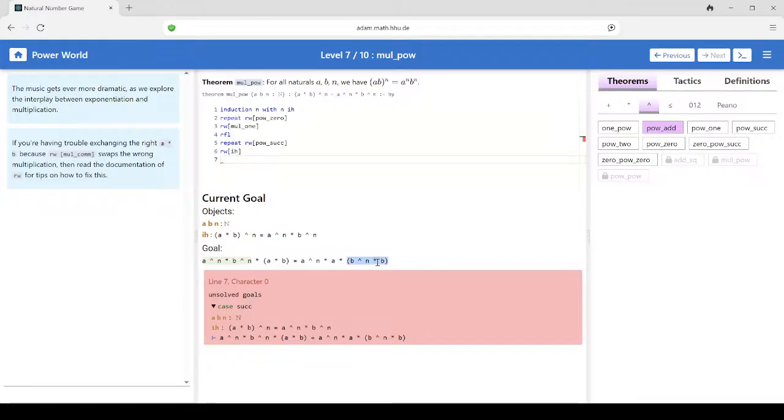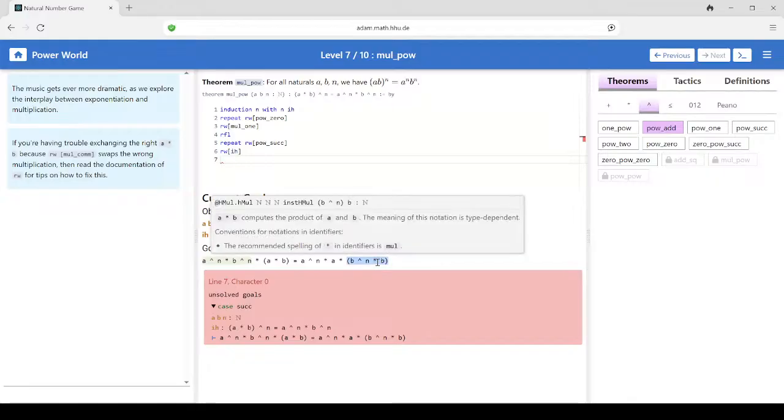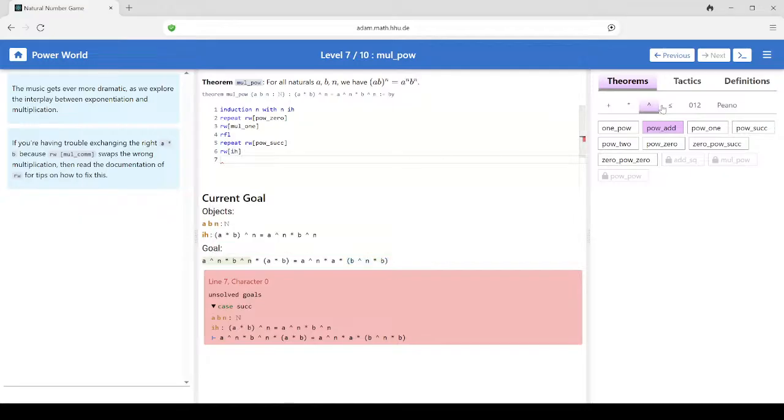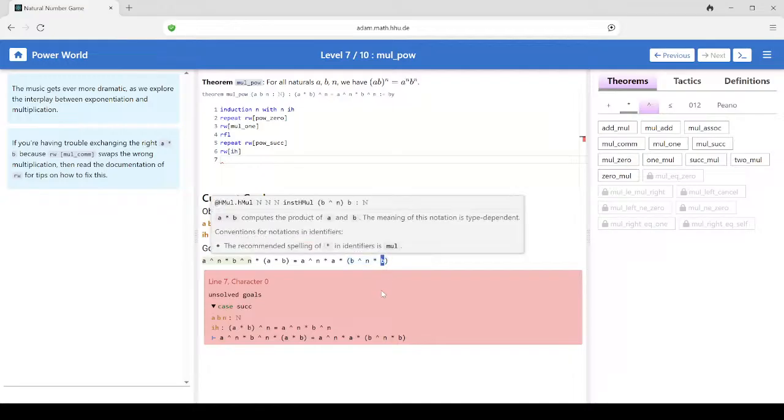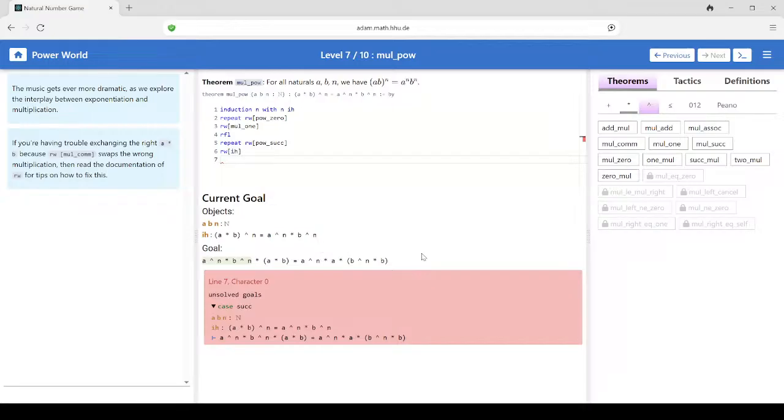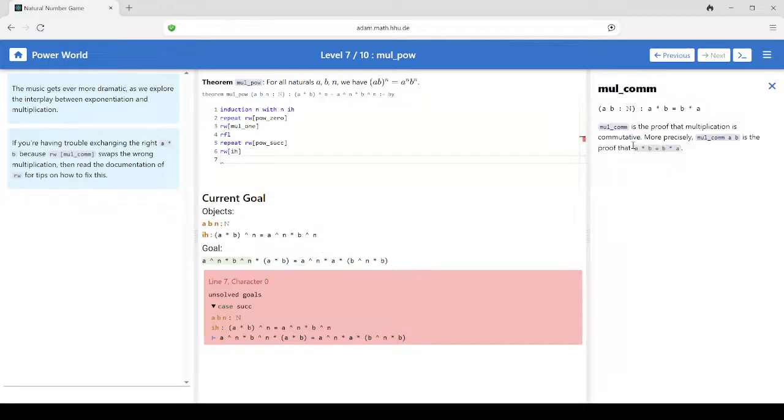The associative property of multiplication. Can I say I want to free this b and get it with this a? Now is that commutative or associative?